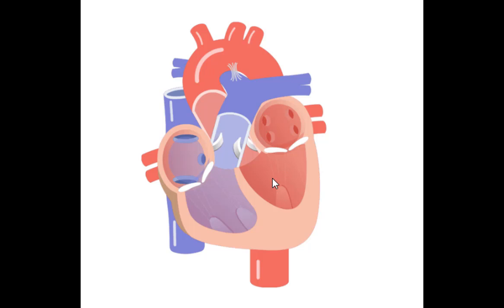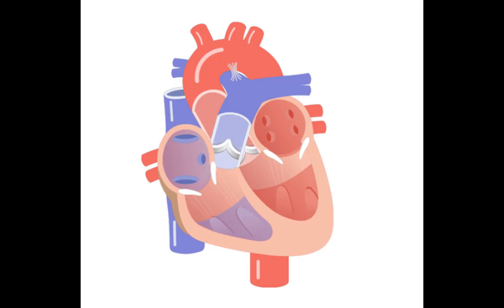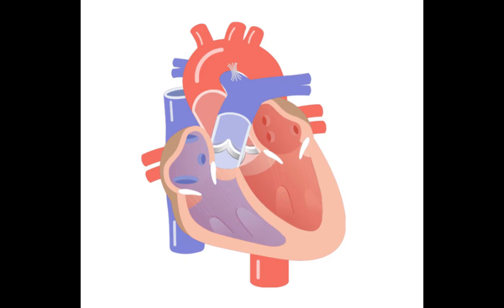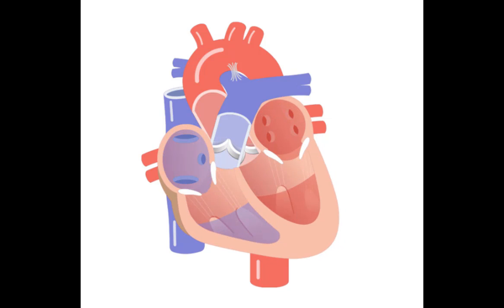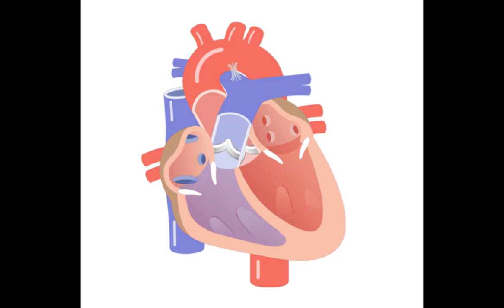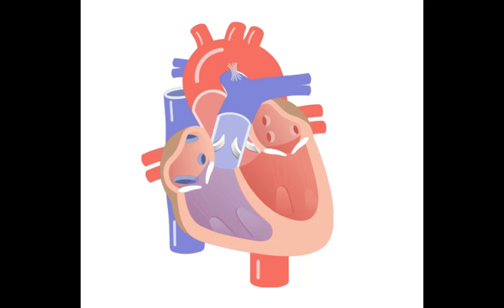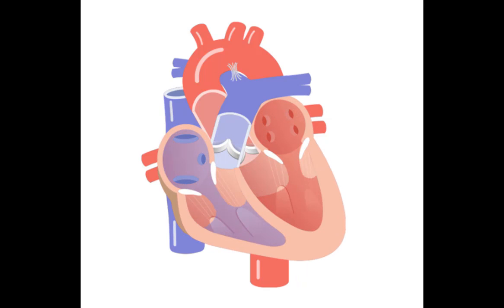As well as that, ventricular pressure is greater than arterial pressure, so the semilunar valves open. When the ventricles are done contracting, the pressure in the ventricles drops, the semilunar valves shut and prevent the backflow of blood, and we go back to diastole, and the process repeats. So we've got atrial systole, ventricular systole, diastole. Amazing.